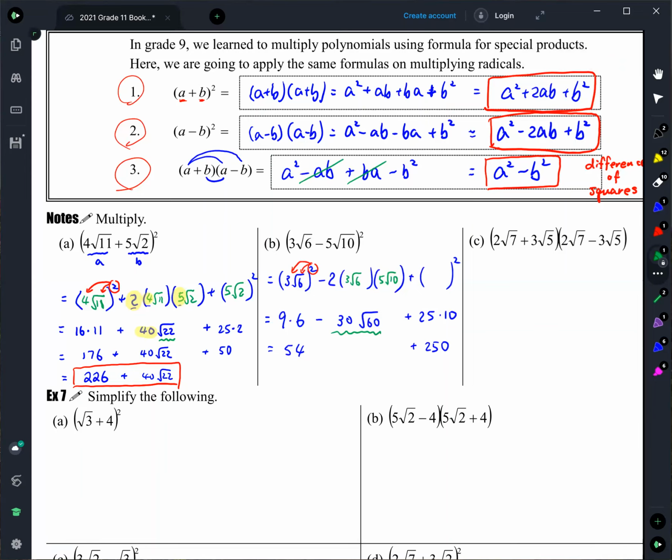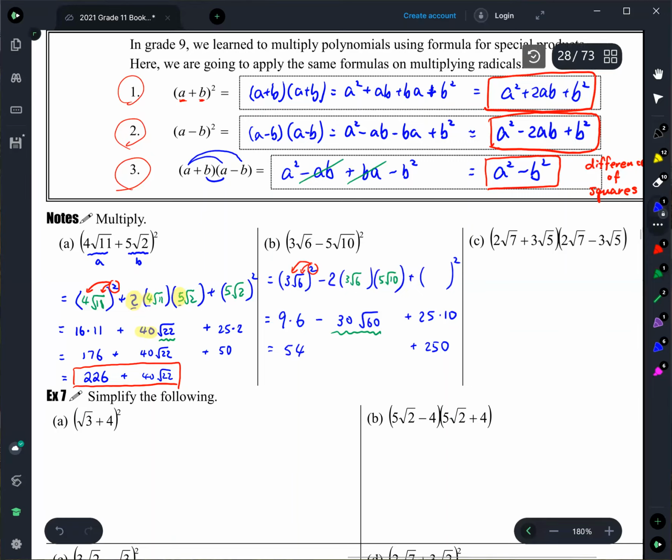Wilson, can we simplify the square root 60? Yes. Okay, can you help us do that? So do I use like the ladder thing? Yeah, use the ladder thing. And then get all the pairs to go out.